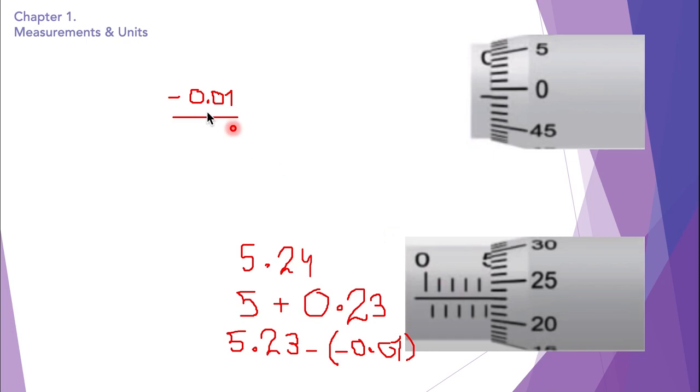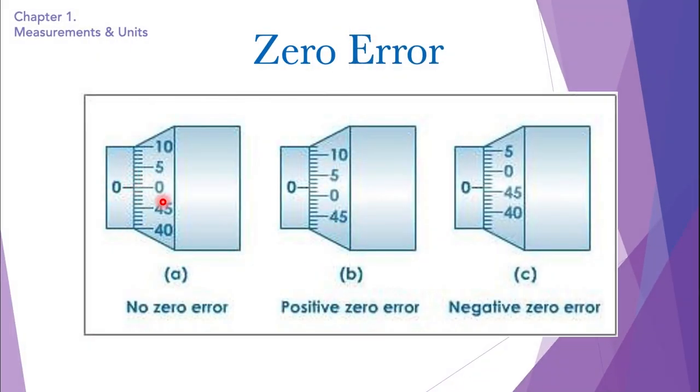So I hope now you've understood the zero error and the way we calculate the zero error and subtract the zero error from the readings that we get from a micrometer screw gauge which has zero error. So if the zeros are aligned together, there is no zero error. If they are not aligned together, there is a zero error, and if the fractional scale 0 is lower than the 0 on the main scale, then it is a positive zero error, and if it is above the 0 on the main scale, it is a negative zero error.